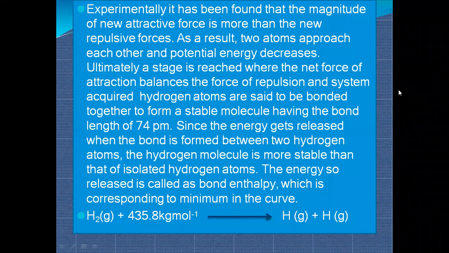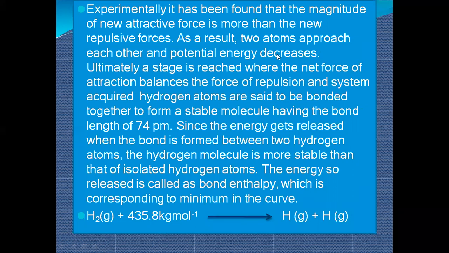Experimentally, it has been found that the magnitude of the attractive force is more than the repulsive force. The extent of the attractive force is quite large as compared to the repulsive force. Because of that, as two atoms approach each other, the potential energy decreases.